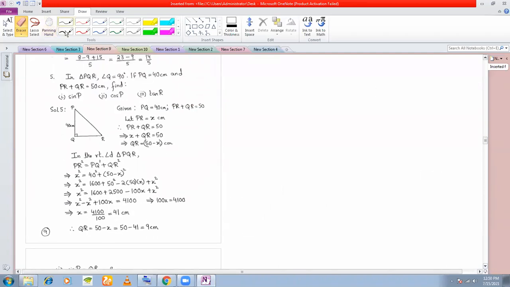Number 5. A triangle is given. In fact, no figure is given. Let's read the problem. In triangle PQR, angle Q is equal to 90 degrees. Okay, so we construct a right angle triangle PQR, and angle Q is 90 degrees.